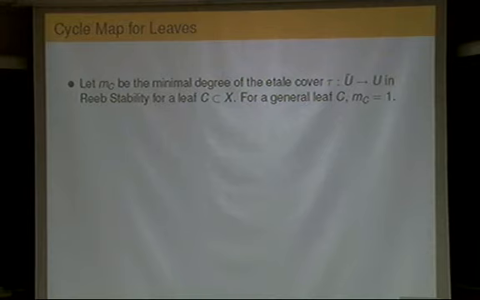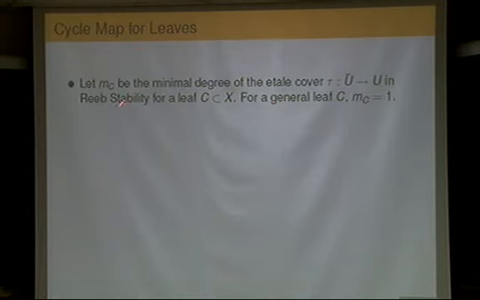First of all, the local Reeb stability theorem gives us a cycle map, in the following way. For each leaf, we associate its multiplicity as the minimal degree of the étale cover appearing in Reeb stability, as the multiplicity m_C. And then for a general leaf, it's just 1, because for a general leaf you don't have to choose any étale cover.